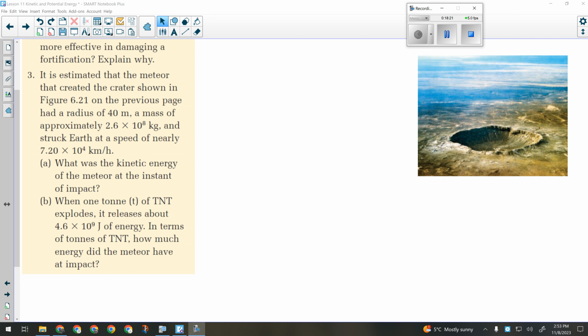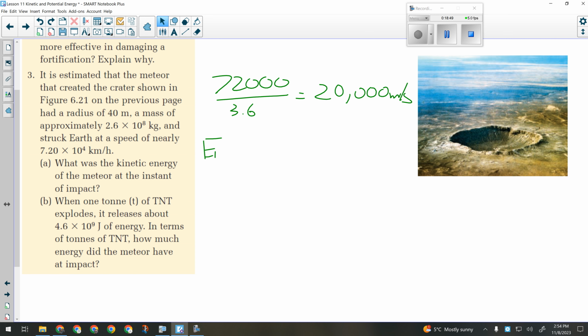So for part A, we need to calculate the kinetic energy of the meteor. So first thing we need to do is convert this 72,000 kilometers per hour to meters per second, which means we divide by 3.6. So 72,000 divided by 3.6 gives us 20,000 meters per second. So now I can plug in and calculate the kinetic energy.